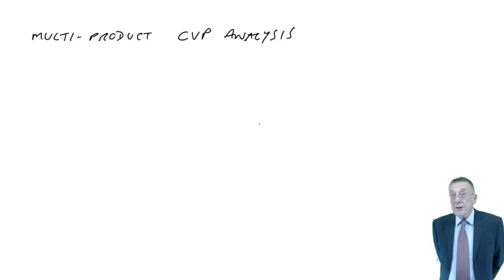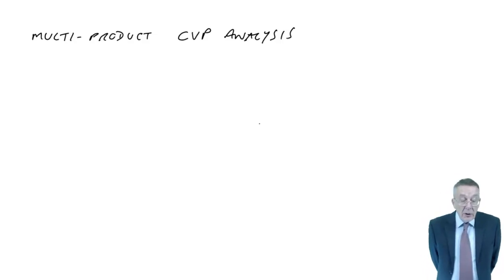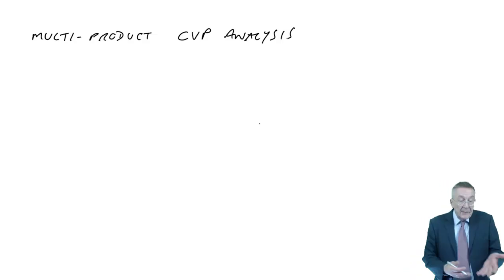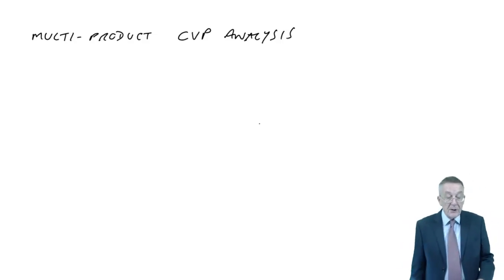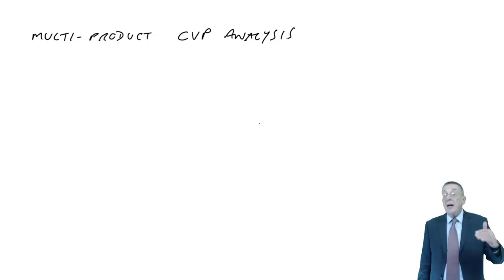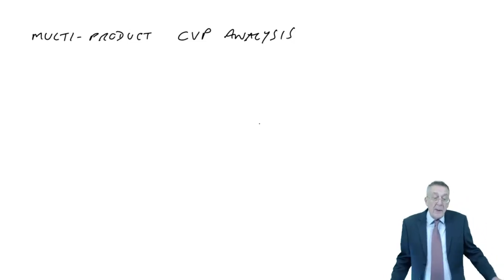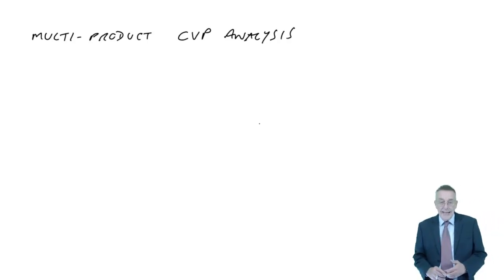We're told how many units of each we're budgeting on selling, the selling prices, and the variable cost per unit. To save time, I've written down what the contributions per unit are, the selling price less the variable cost. The total budgeted fixed overheads for the year are 8,000. The same sort of information as before, but of course with 3 products.